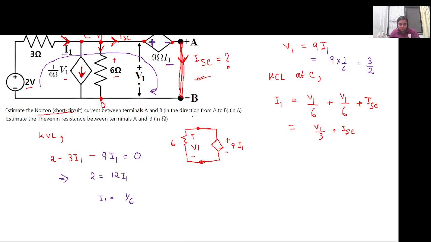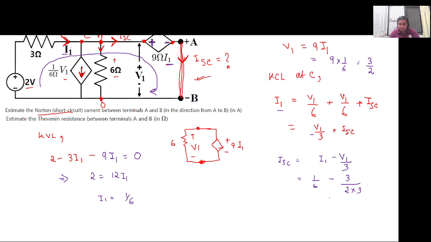Now what we can do is calculate ISC, since we have I1 and V1. So ISC will be equal to I1 minus V1 by 3. I1 is equal to 1 by 6, V1 is equal to 3 by 2, into 1 by 3.